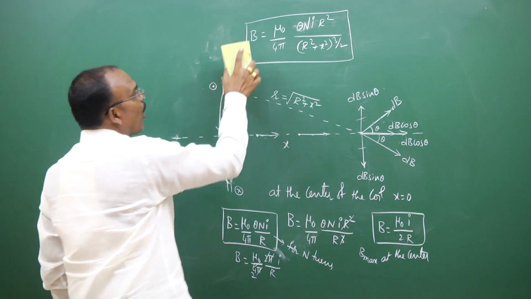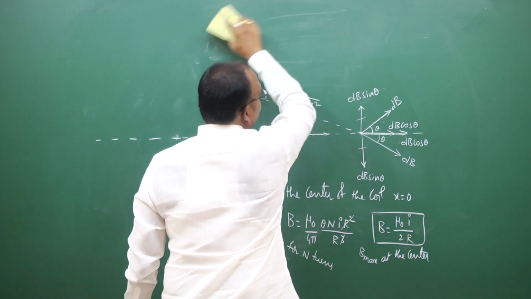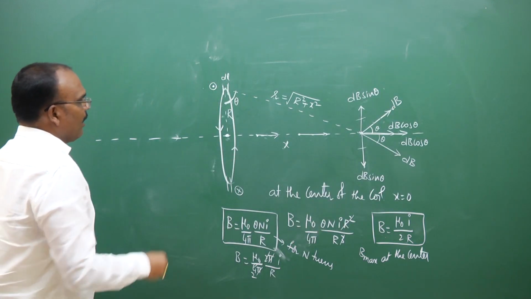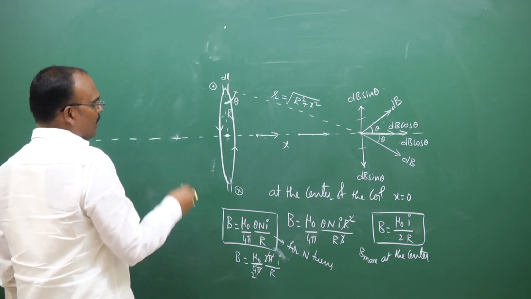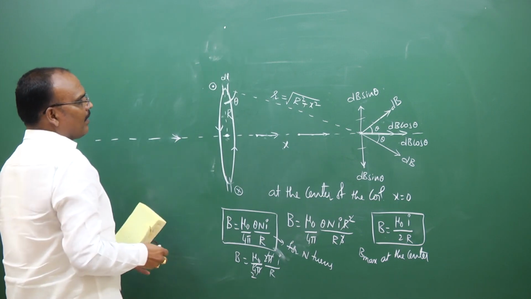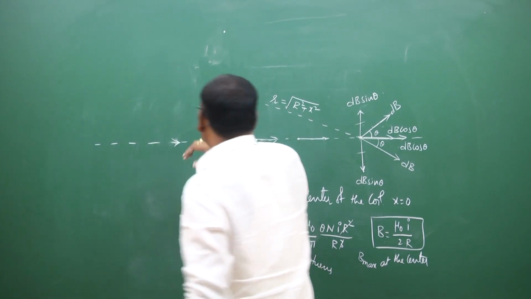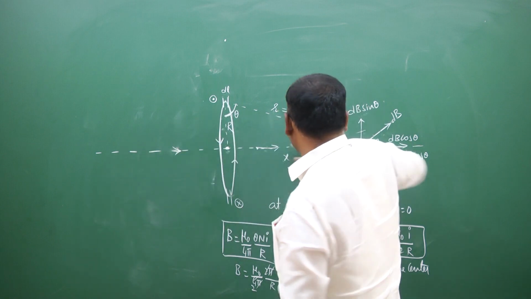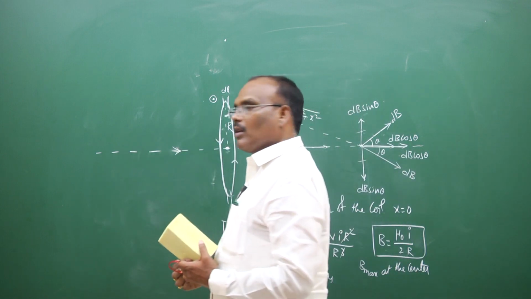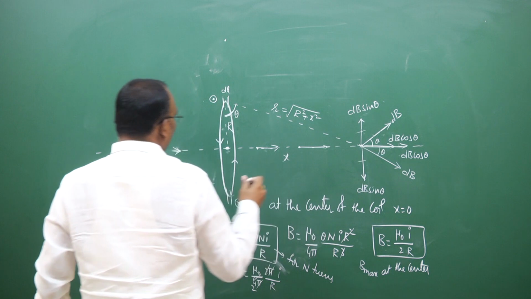And one more important thing for competitive examination is that the magnetic field is maximum at the center. See here, in this case, current is coming like this, the field is in this direction, so the field is positive.